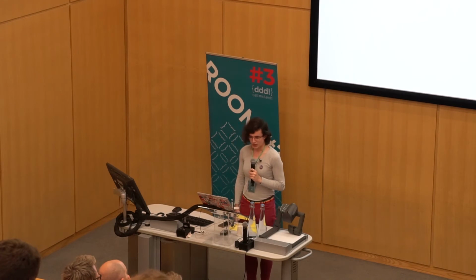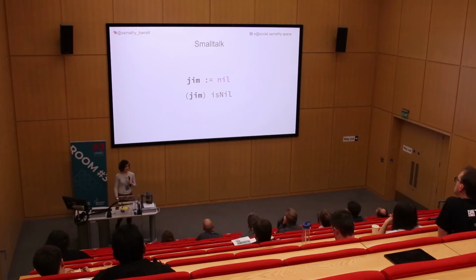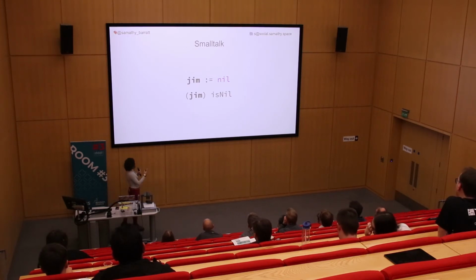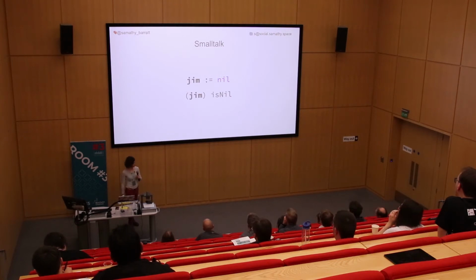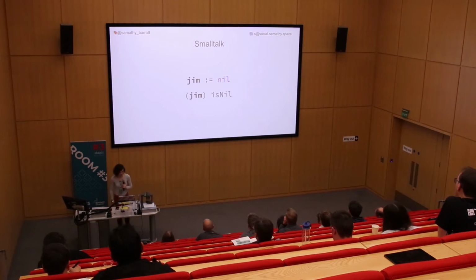And you can check to see if your object is a nil object with this fancy syntax here, which is essentially we have a function and we pass it our object. But messages and weird syntax from the 70s.